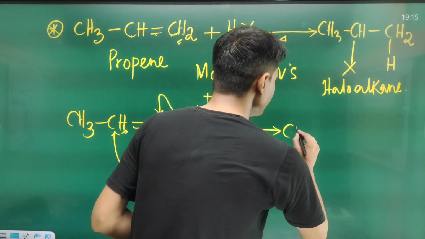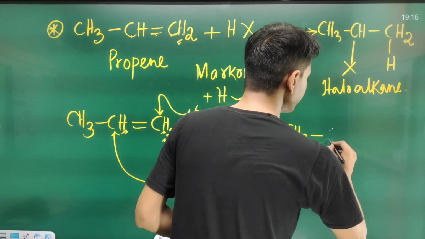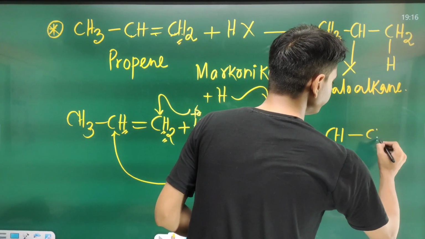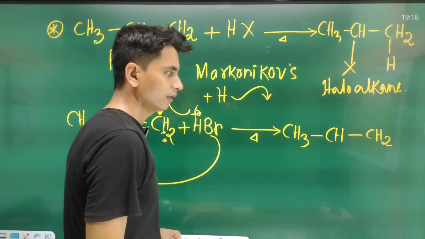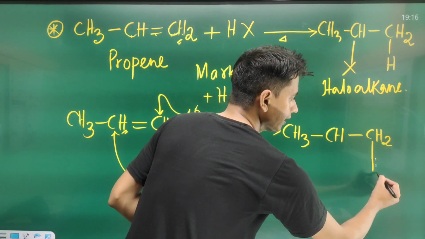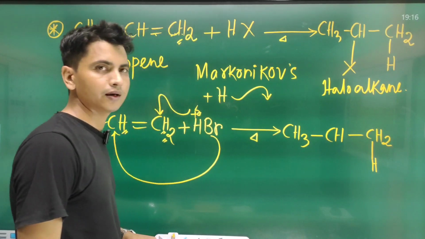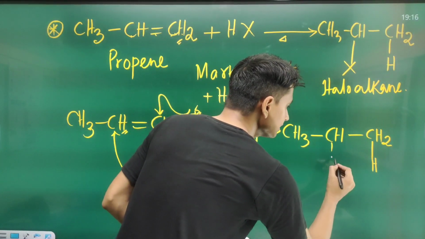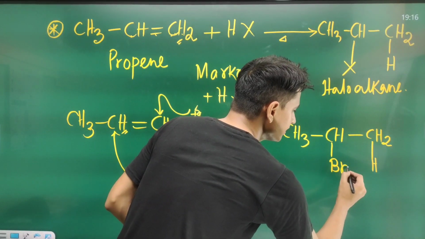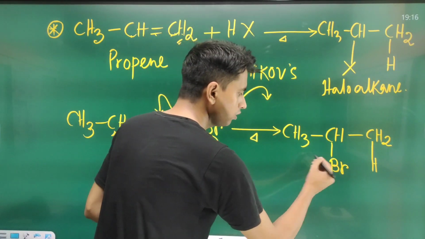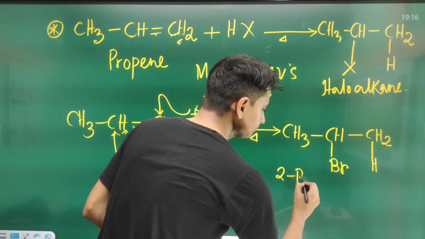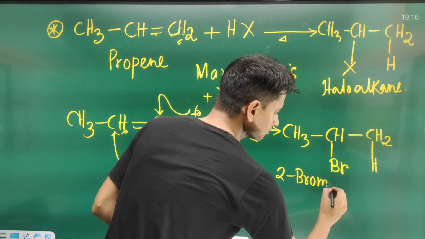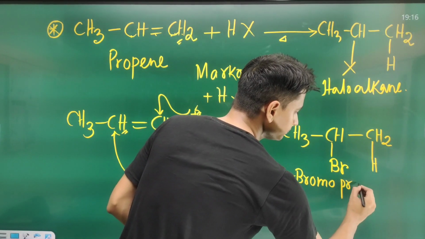That's why, due to heating, the double bond is first converted into a single bond. Then the positive part is added at that particular carbon where the number of hydrogen atoms is more. Here is the negative part. Negative part means Br, the halogen. It will be 2-bromopropane.